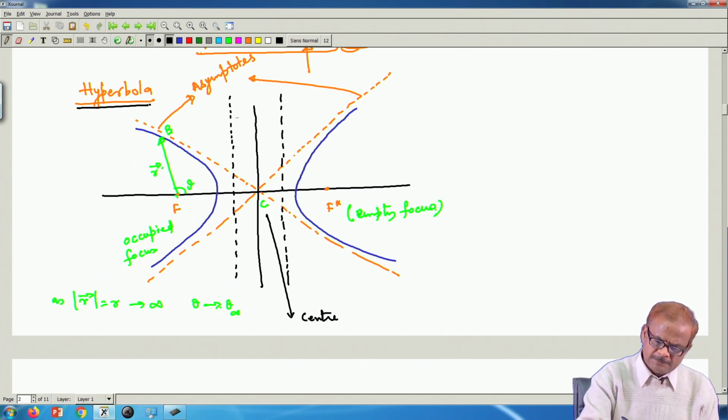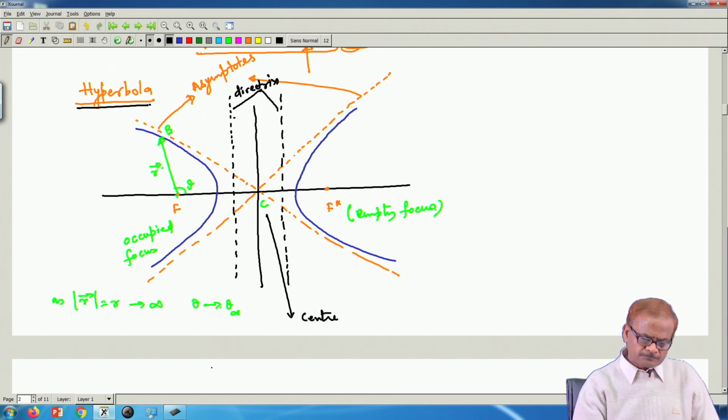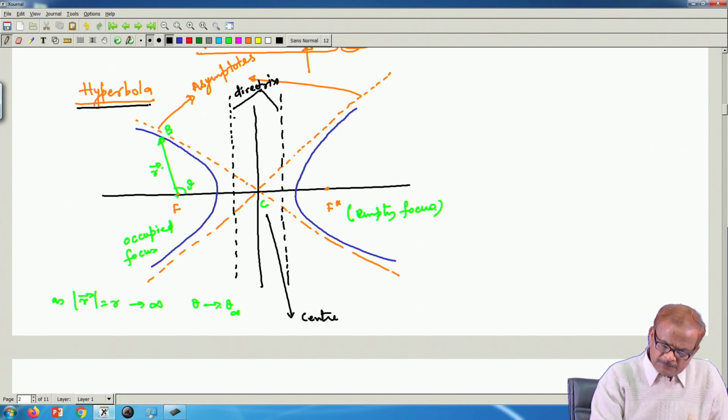And these two lines, this is a directrix. As usual, from here to here, this distance we call the periapsis distance.